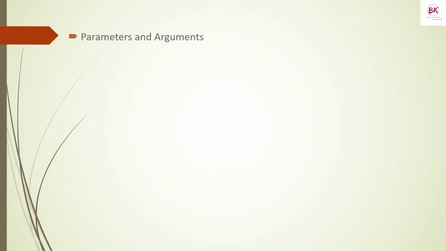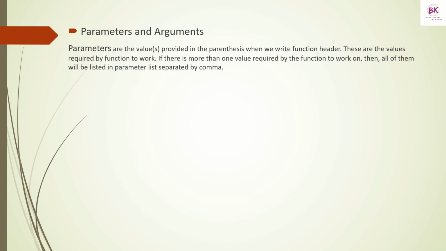Okay. So we have parameters and arguments. Let's understand what is a parameter and an argument. The parameters are the values provided in the parenthesis when we write the function header. These are the values required by the function to work.